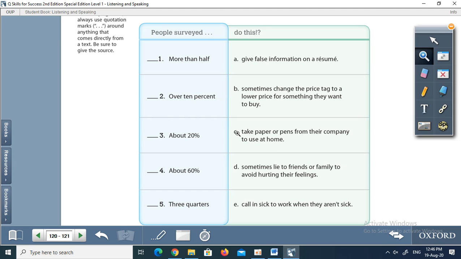So take that C and write that C over there. Okay. I need you guys to pause the video and do that. And then we will go through the answers as a listening exercise. Okay. So take some time. C goes over there. Read the other questions and then join them to A, B, D, or E. Okay.